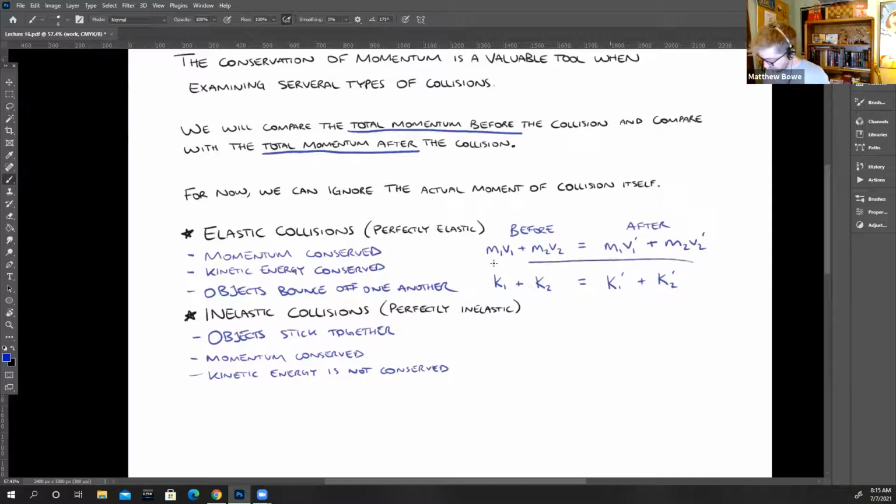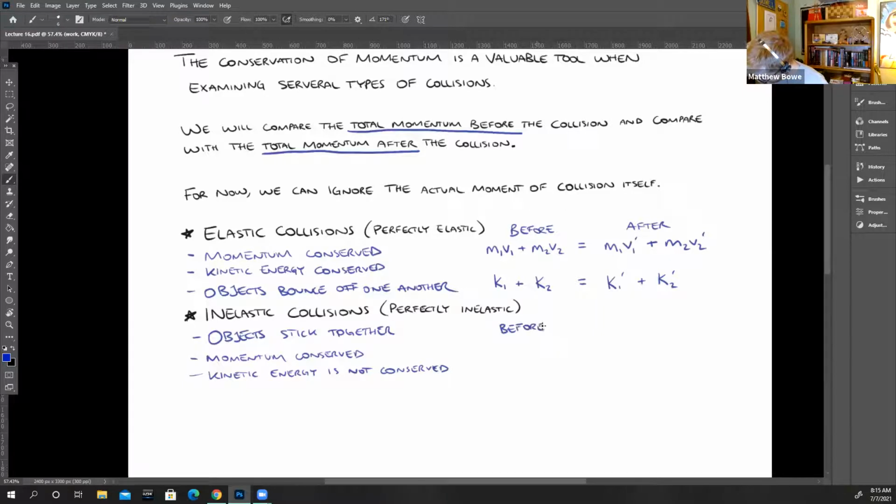And we can do this arrangement right here for an elastic collision because kinetic energy is conserved. For an inelastic collision, these two objects are going to stick together. So in the before scenario, let me arrange it.